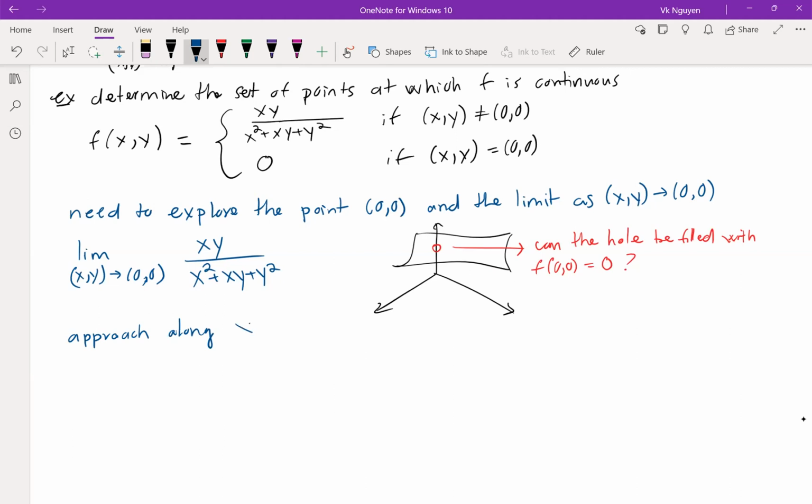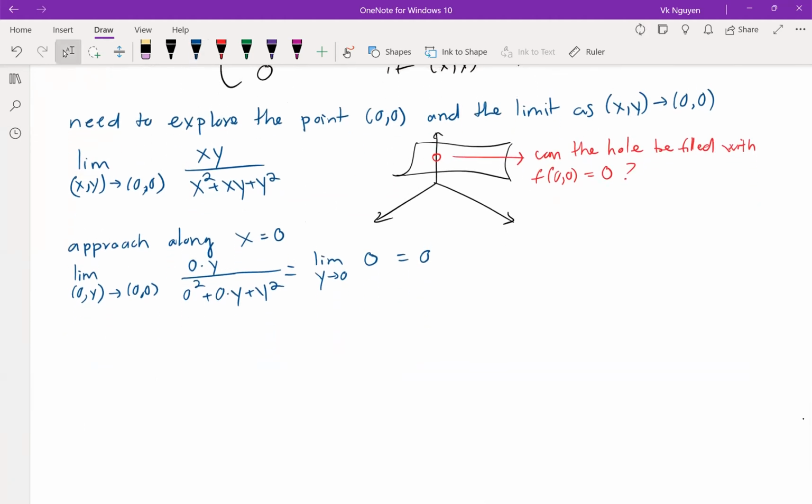Because if I let x equal 0 here, then what do we have? That's going to be a limit with y going to 0. x equal to 0, so it's going to be 0 times y over 0 square plus 0 times y plus y square. So you just have y going to 0 of 0, which is going to be 0.